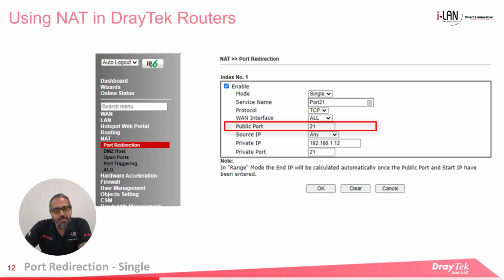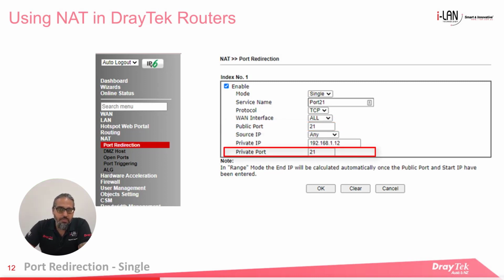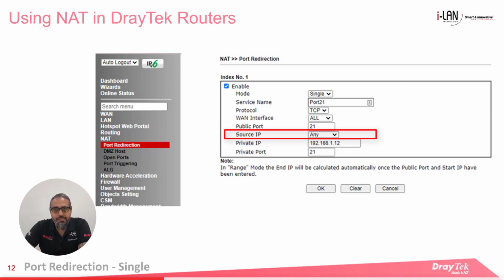The public port for FTP is 21. Private port is also 21, but that could also be a different number if you want to get fancy and have our FTP server using a different port number, assuming the FTP server software allows for that. Now, source IP can be any if we just want anyone to be able to access our FTP server, as long as they have a recognized username and password, or we can lock it all down to a particular IP address or a group of IP addresses by creating objects down under the object setting menu.